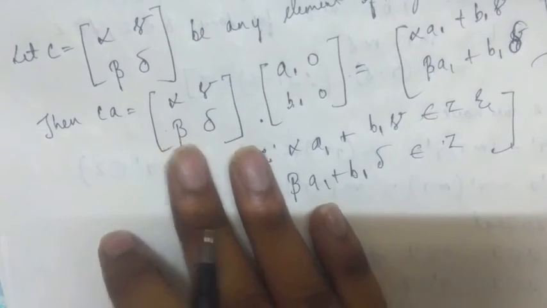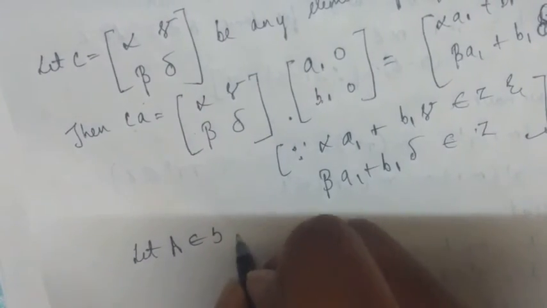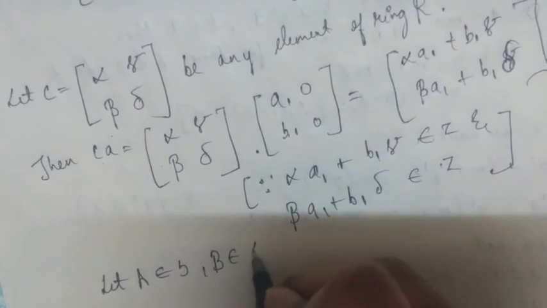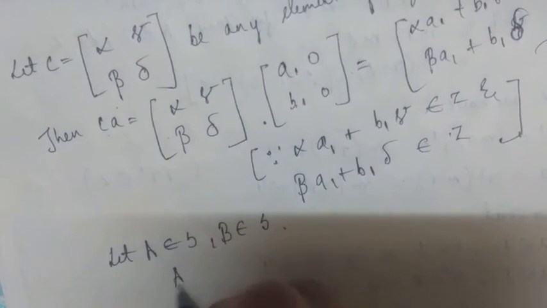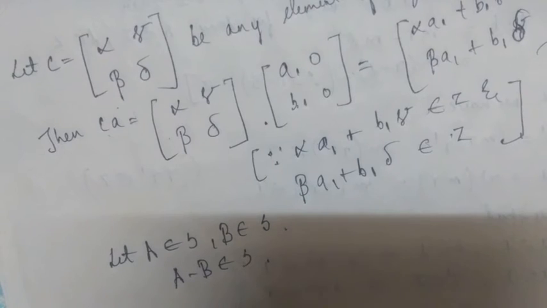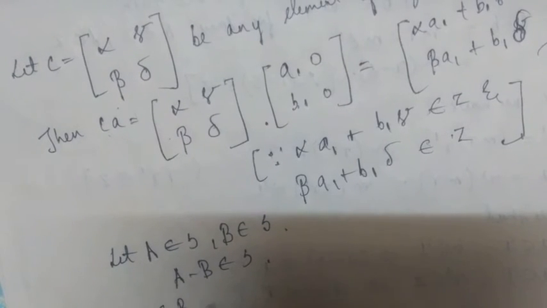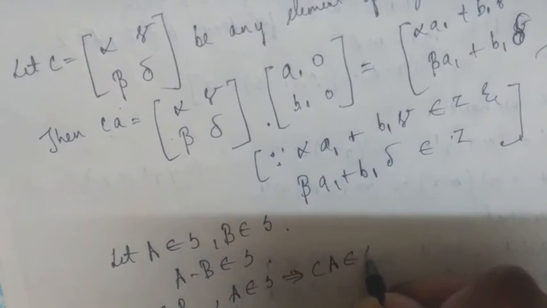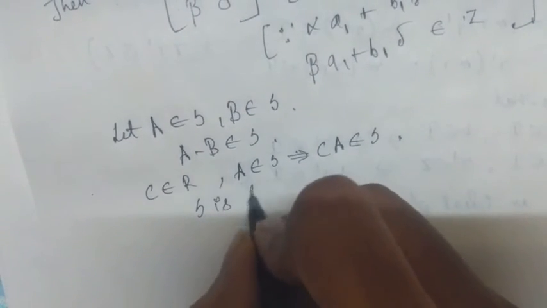So let's write it down. Let A also belong to S and B also belong to S, that is A minus B belongs to S, and C belongs to R, A belongs to S, that implies CA also belongs to S. CA also belongs to S, hence S is a left ideal.